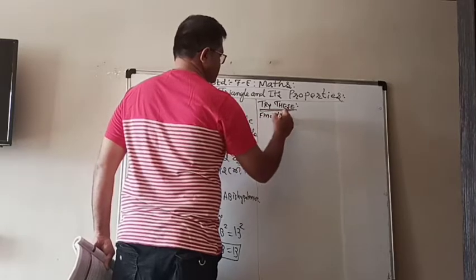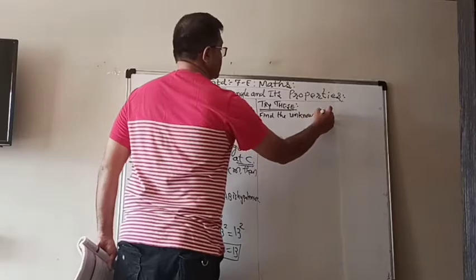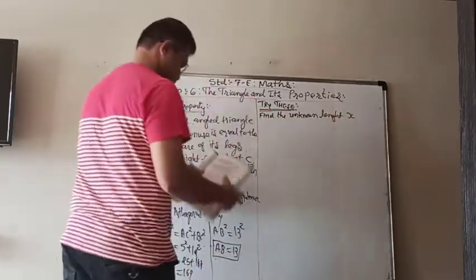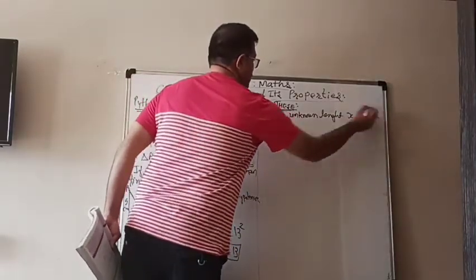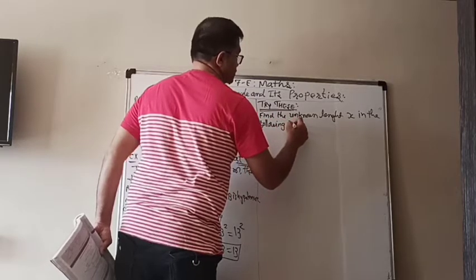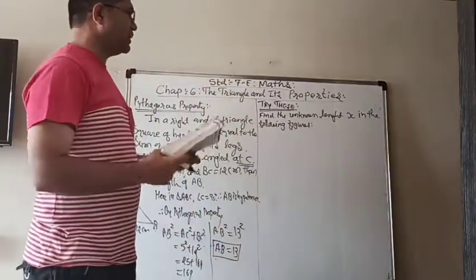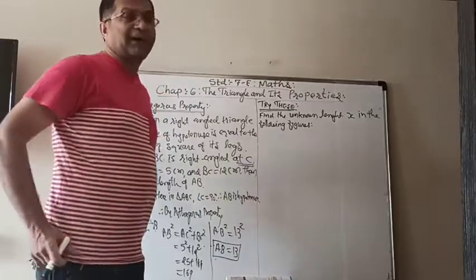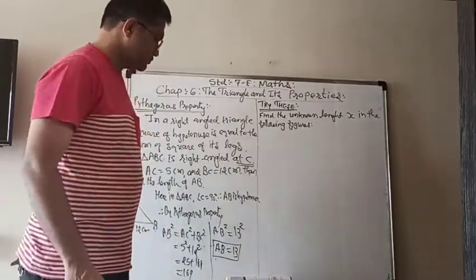Find the unknown length x in the following figures. So here some unknown length will be there in each figure, and we have to use the Pythagoras property so that we can find it out.